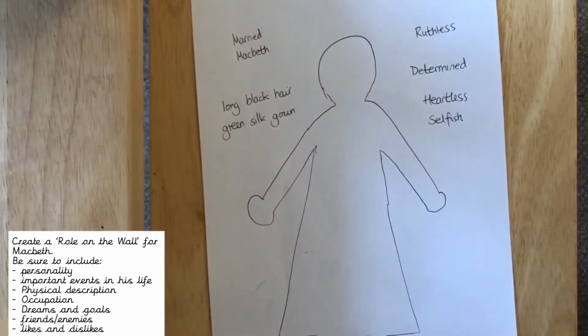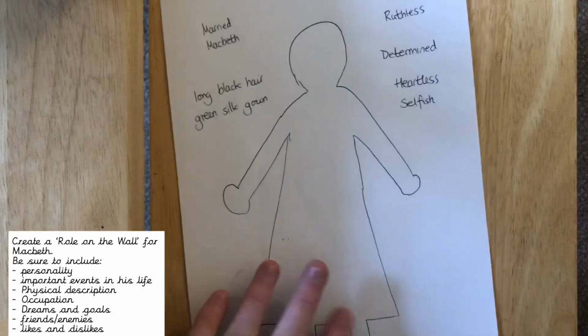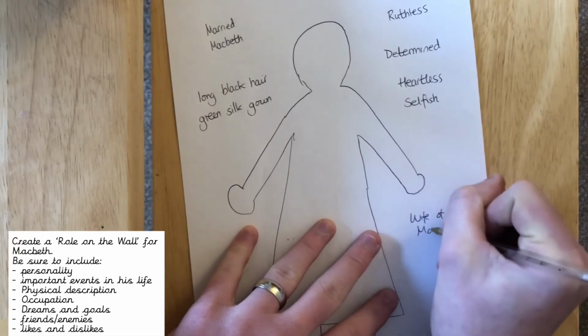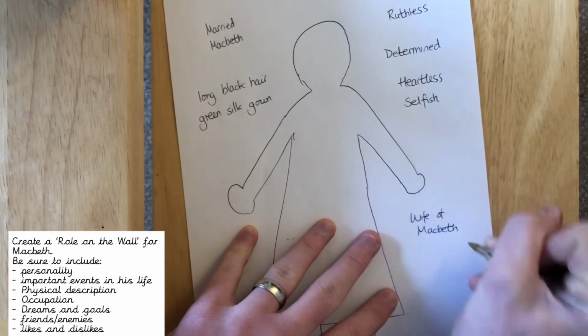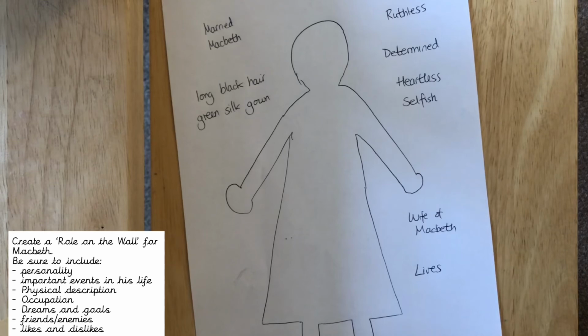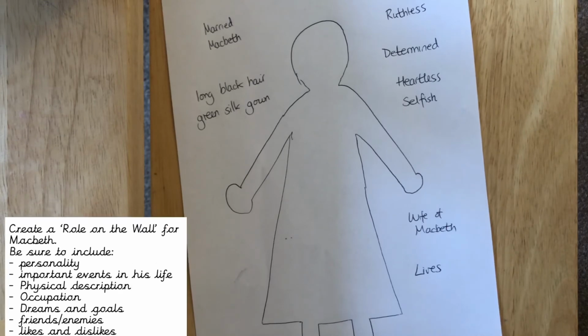Okay. Then I need to describe her occupation. So I don't know, she is just a wife of Macbeth. She lives in, what was the castle called? Let me find it.